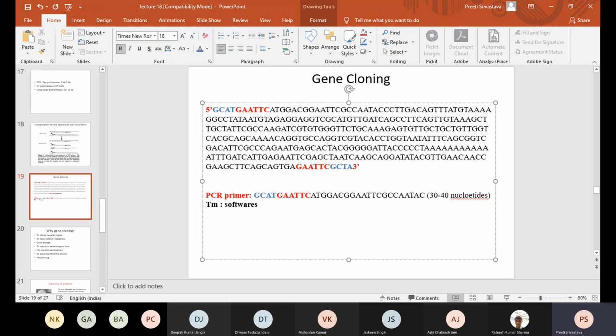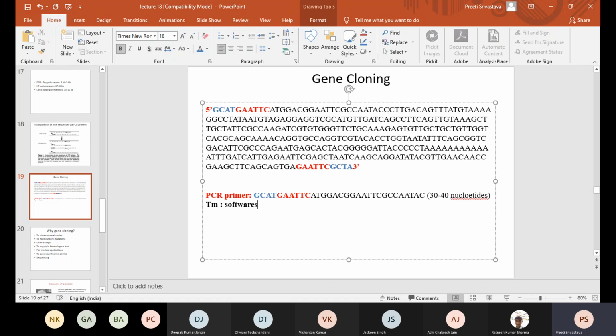There are more complicated formulas that take into consideration the entropy and the Gibbs free energy, because whenever the length increases, the chances of formation of secondary structure increase. So those things are also taken into consideration when they calculate the melting temperature of longer primers.